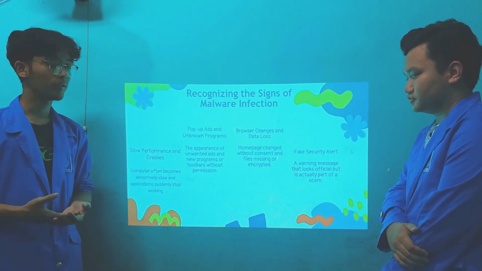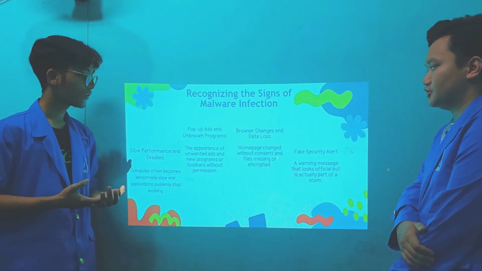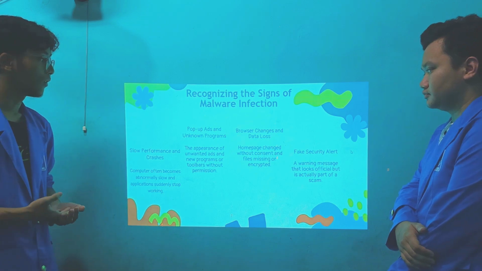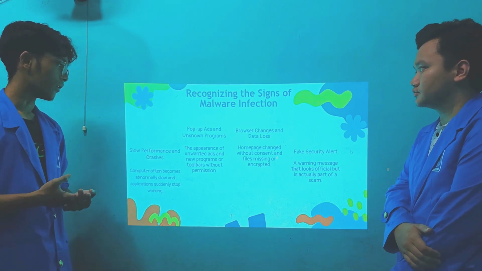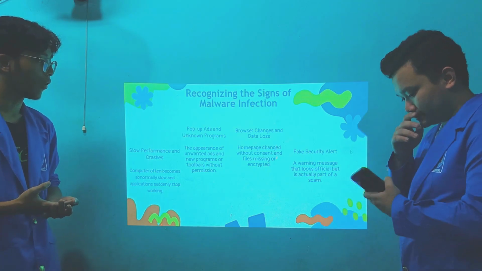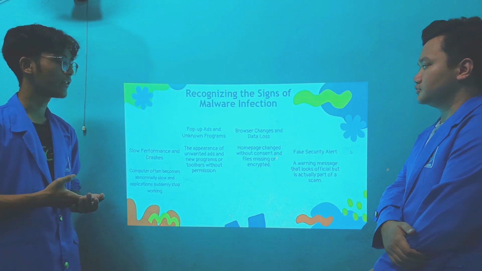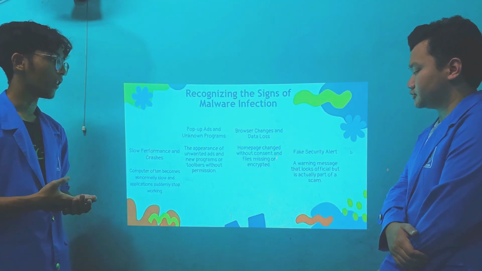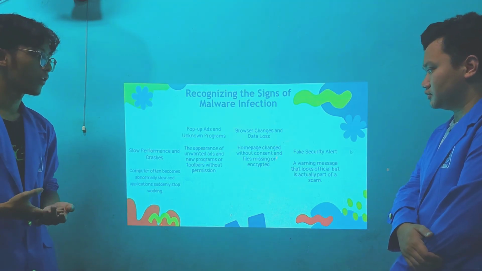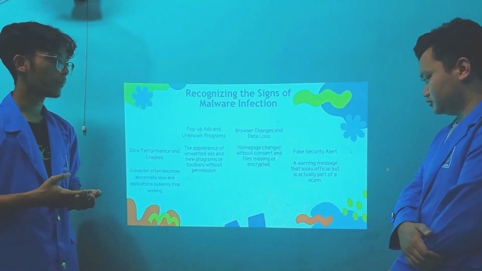The appearance of unwanted ads and new programs or toolbars without permission. The third is browser changes and data abuse, which is homepage changes without consent and files missing or encrypted. And the last, fake security alerts. A warning message that looks official but is actually part of a scam.